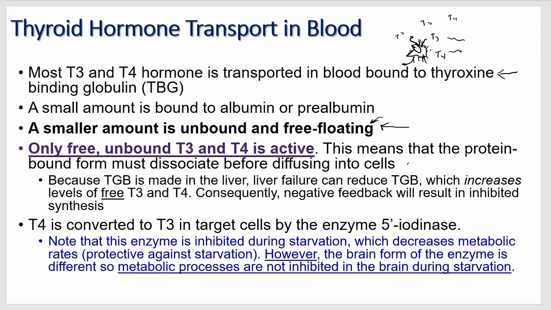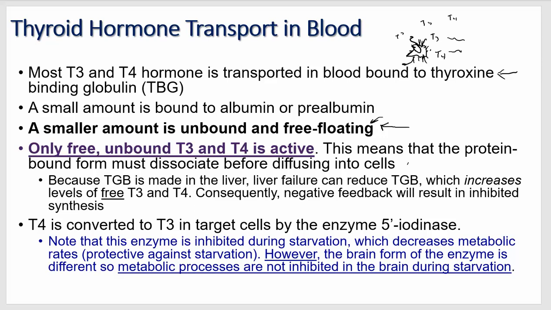So the consequence of that is that this is going to go up, and it's going to tell the hypothalamus and the pituitary that there's a whole lot of thyroid hormone floating around. So it's going to reduce that signal until the thyroid gland isn't going to make as much. Okay, so it's going to reduce how much the thyroid gland is making. So it actually reduces synthesis.